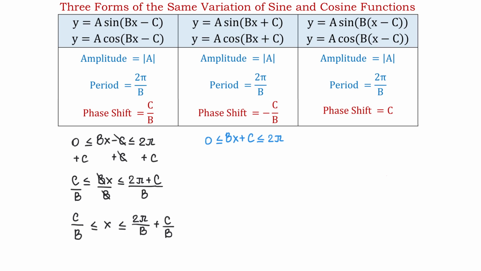To solve for x, first we will subtract c from all three parts. Then to the left we will have negative c. In the middle, c and negative c will cancel, and we will have bx, and to the right we will have 2 pi minus c. And now we will divide everything by b.